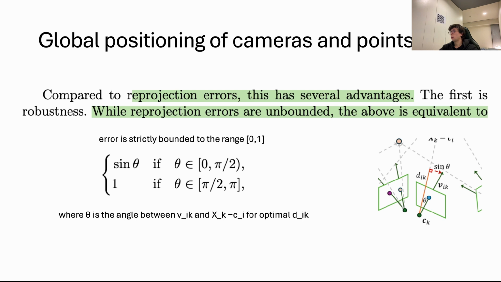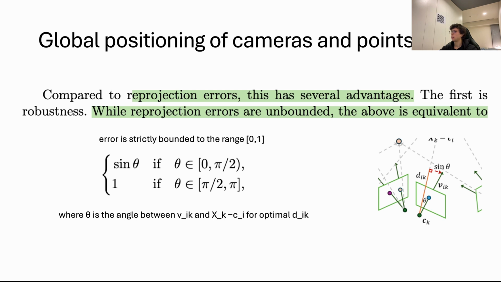But this error here, we see from the rays, is only a distance between two vectors, and it is strictly bounded to the range 0 to 1 as they pose. So this helps the optimization process to converge more robustly, basically.